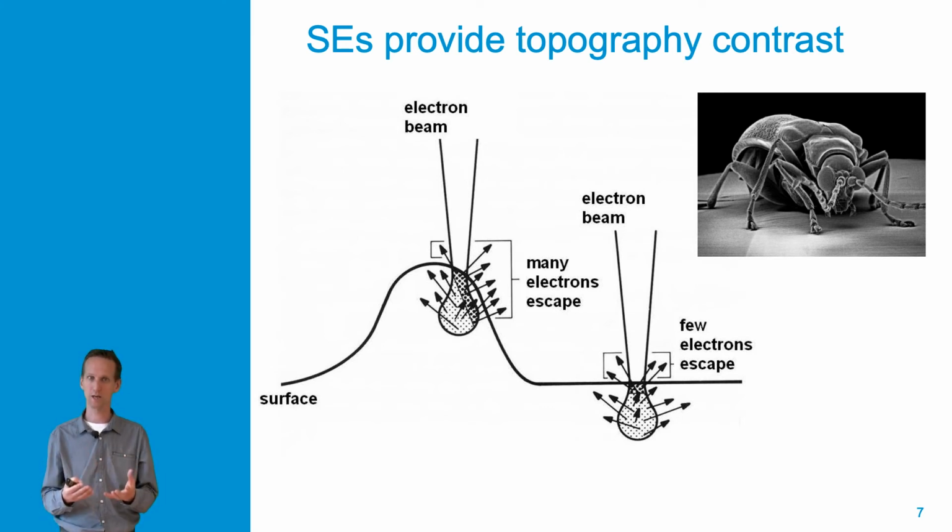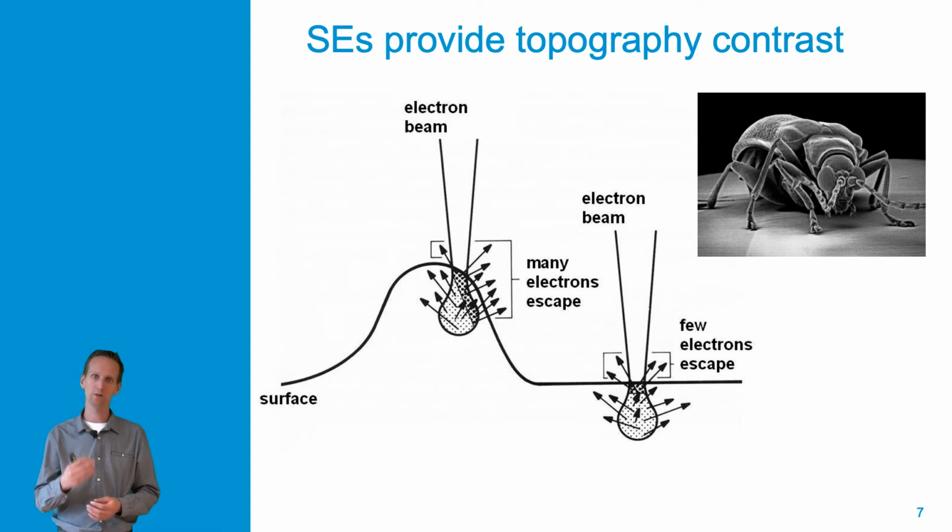So the drop-like shape you see is the approximate electron interaction volume, while the more strongly dashed volume is the volume from which the secondary electrons can actually escape from the sample.